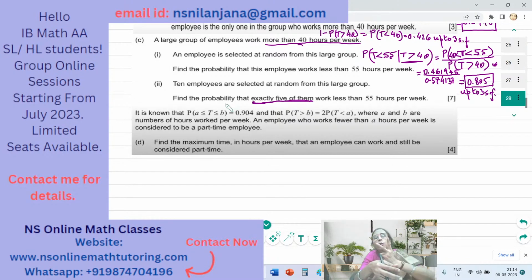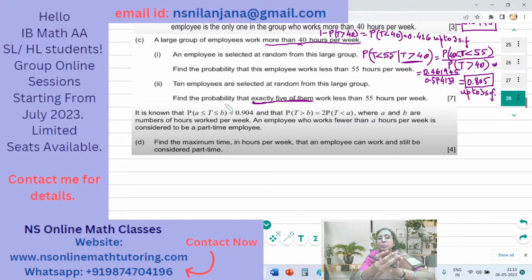Because you are having only two possibilities. Either they will be working for less than 55 hours per week or they will be working for more than 55 hours. So there are two possibilities. And the number of trials, the number of employees who are selected, is also fixed. It is 10. And the probability of success means probability that a particular employee is working less than 55 hours is taken as the success.